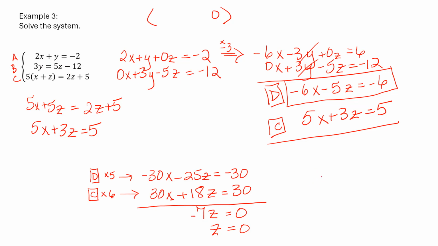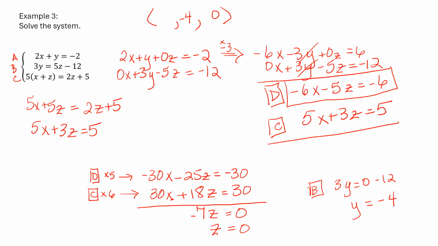I'm going to plug it into the B equation because that looks easy. So 3y equals 5 times z, which is 5 times 0, so that's 0 minus 12, which means that y is negative 4. So y equals negative 4, so we'll put that up here in our solution.